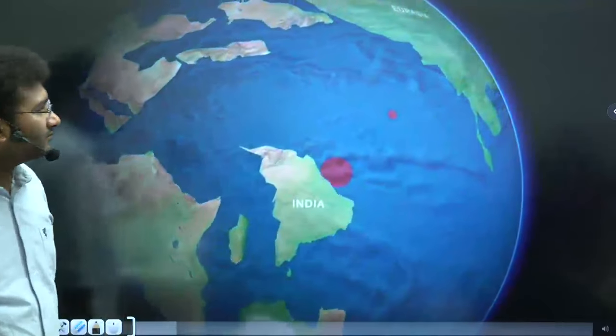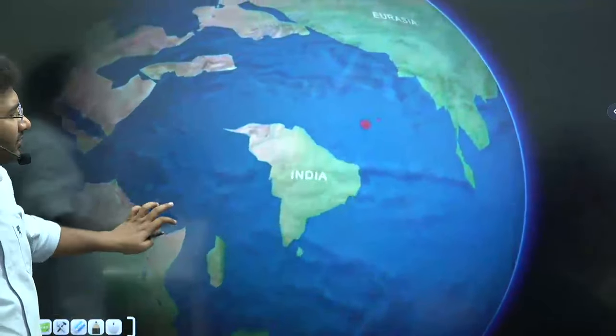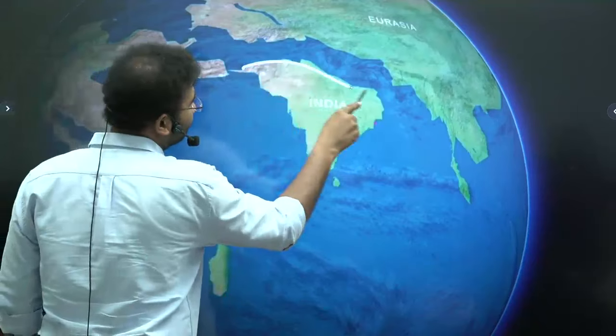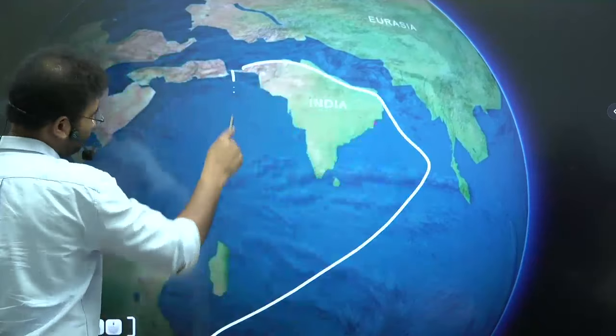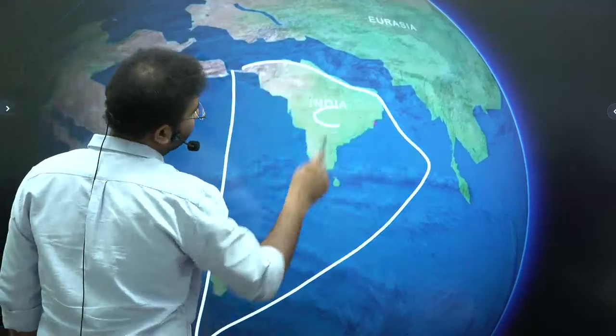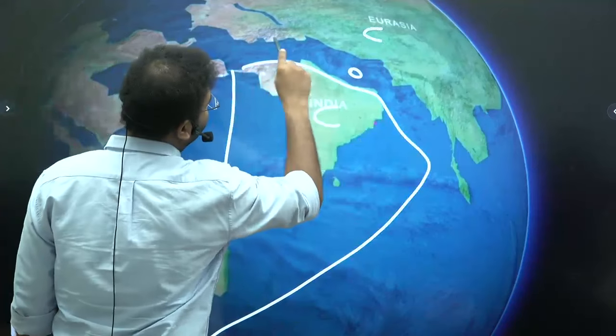But when India went and collided, here you need to know the collision between India and Eurasia is not continental in the beginning. In fact, it was continent, ocean and continent. Look here. India started to move towards north, and here, can you see this? This was a continent. Continent, ocean, continent.